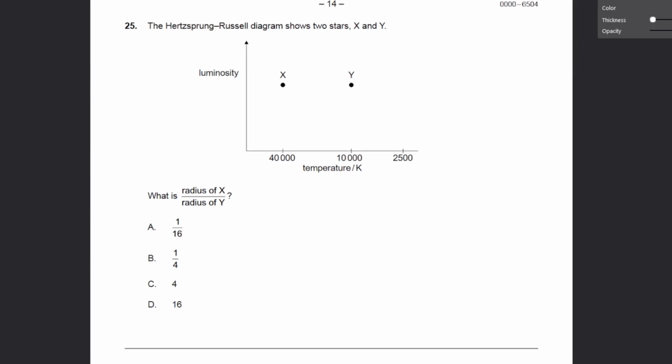And we're given a diagram that shows two stars, X and Y. Now, note that the luminosity of X is equal to that of Y. So L of X is equal to L of Y. And through the Stefan-Boltzmann law, we also know that L is equal to 4 pi r squared times the Stefan-Boltzmann constant, and then times T to the power of 4.